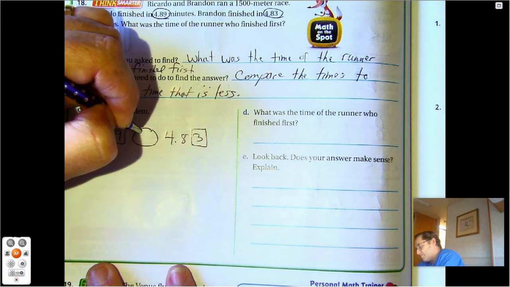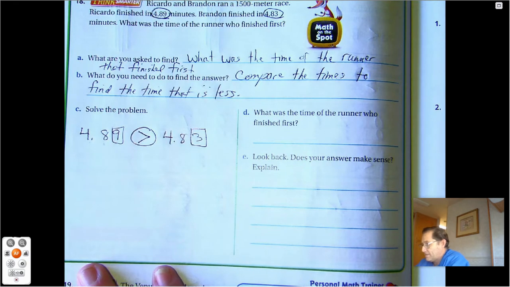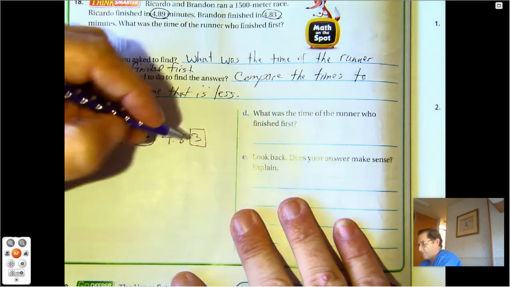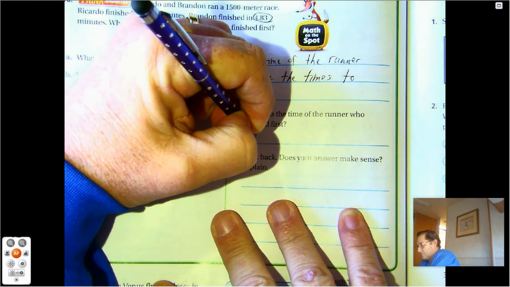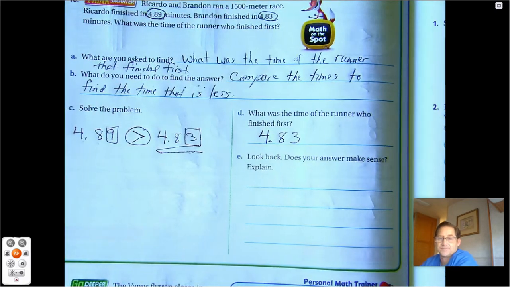So 4 and 89 hundredths minutes is greater than 4 and 83 hundredths. But remember, this is a race, so the winner of the race was 4 and 83 hundredths minutes.